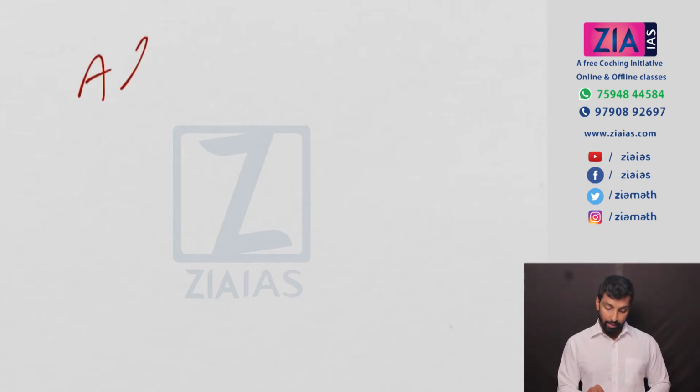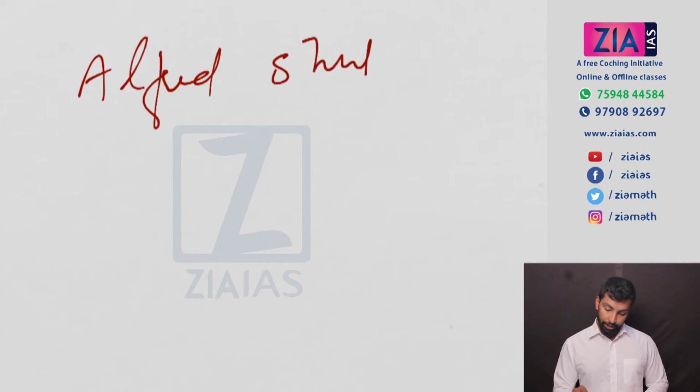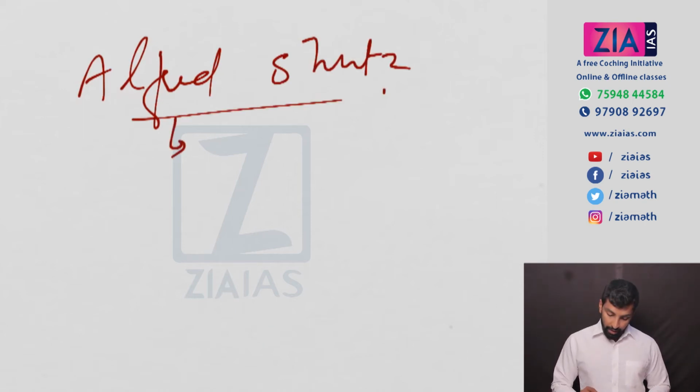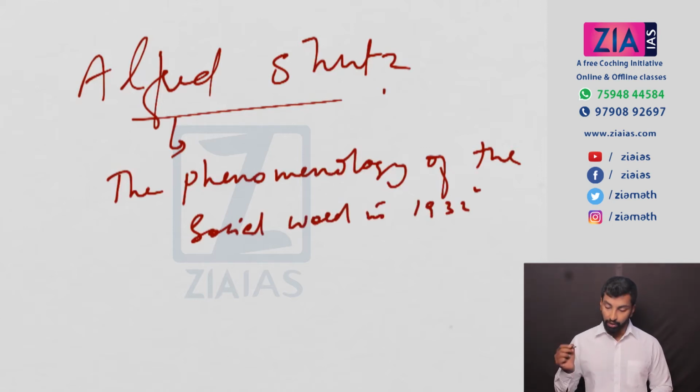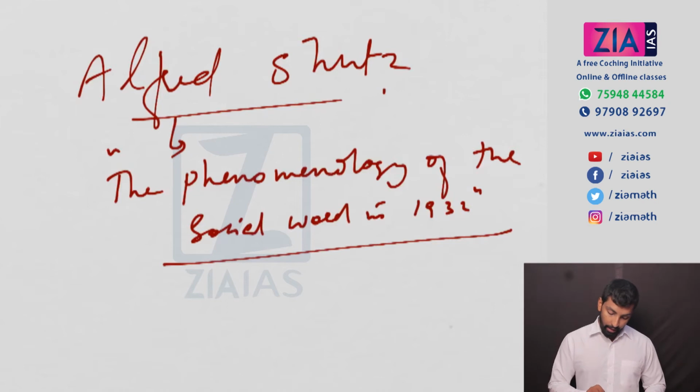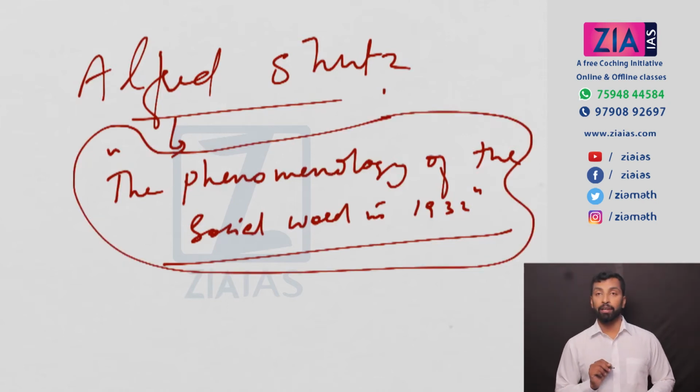Okay, so this is a name we need to discuss in phenomenology. Alfred Schutz. His book is The Phenomenology of the Social World, in 1932. Okay, in The Phenomenology of the Social World in 1932, he highlighted this perspective.